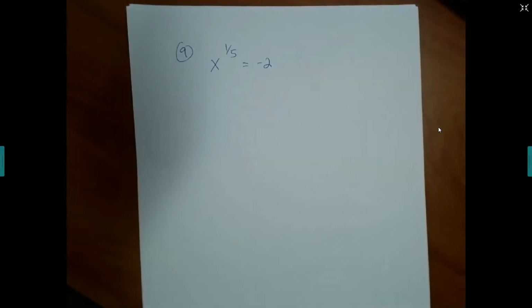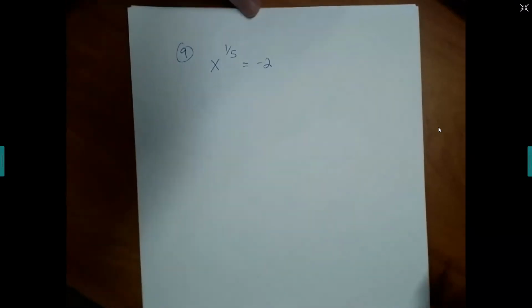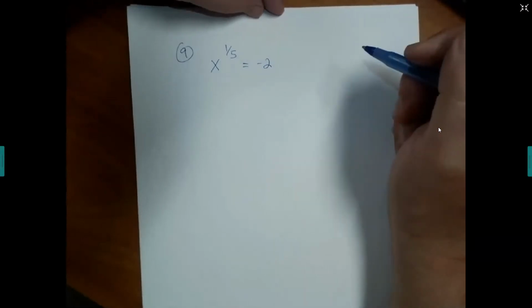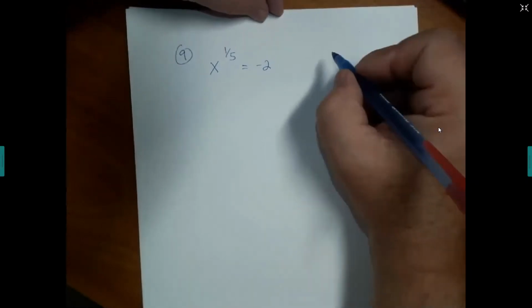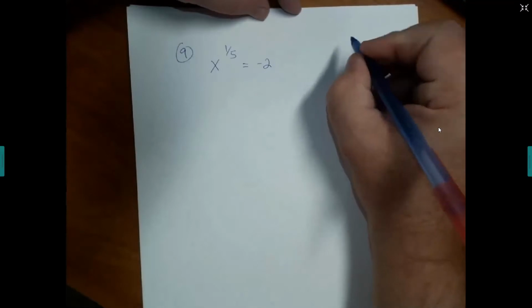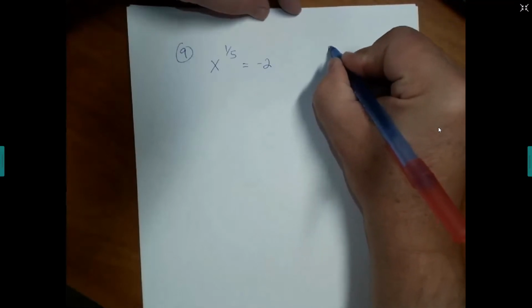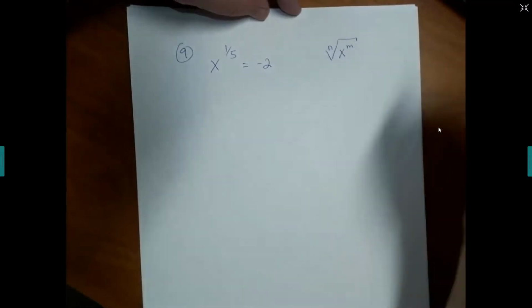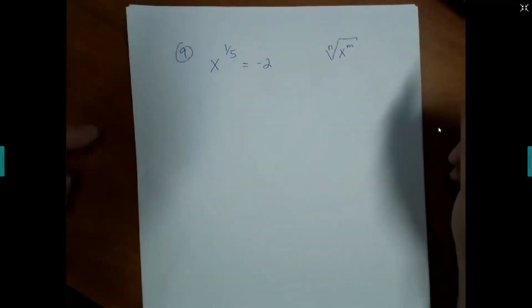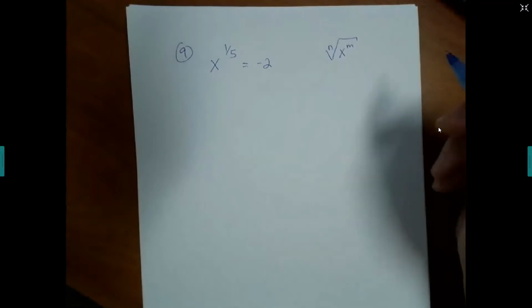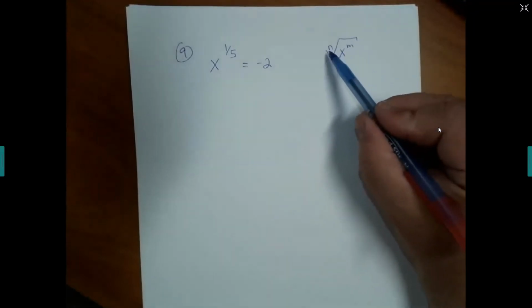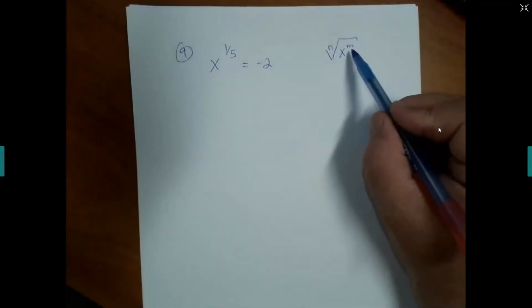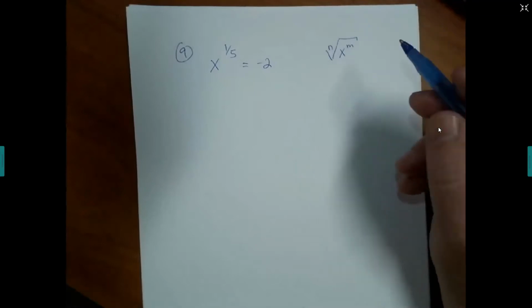Okay, here, what I have to do is explain to you what the rules are for exponents. So here is the general structure of a radical equation.